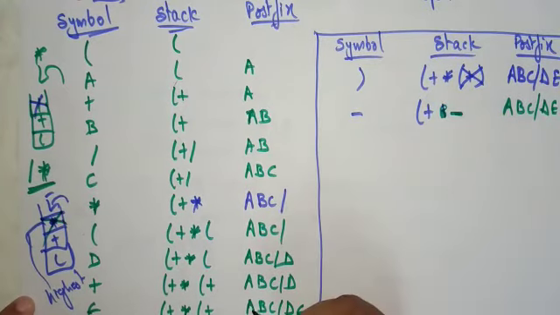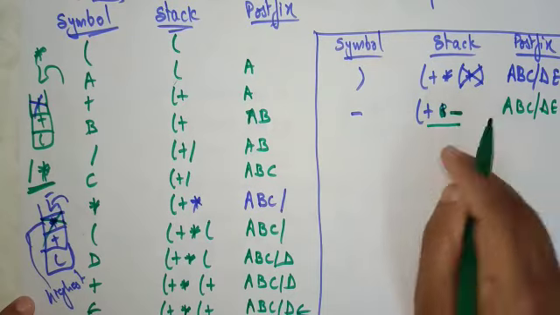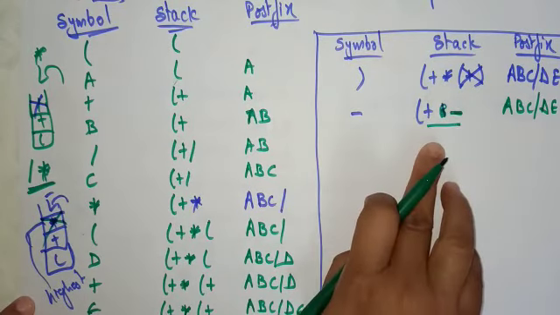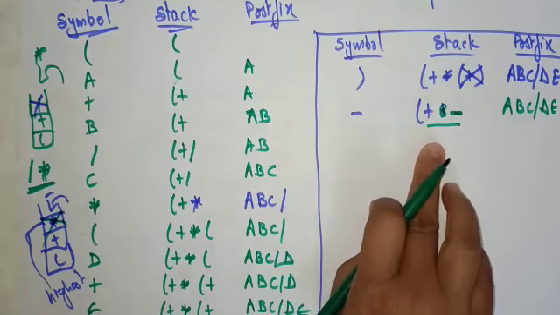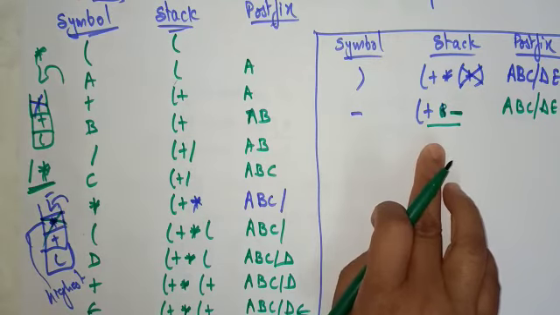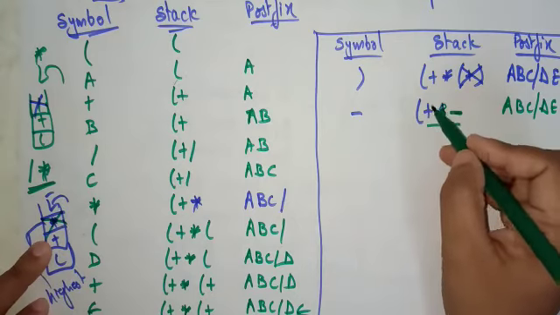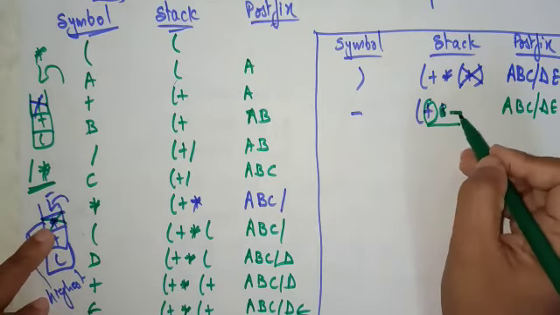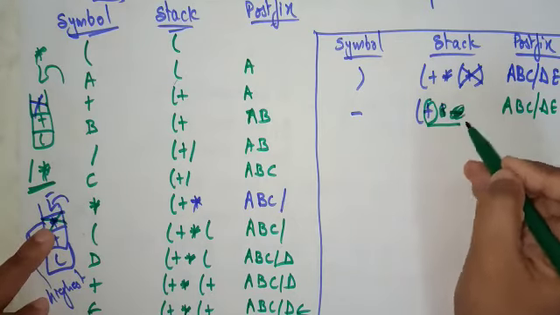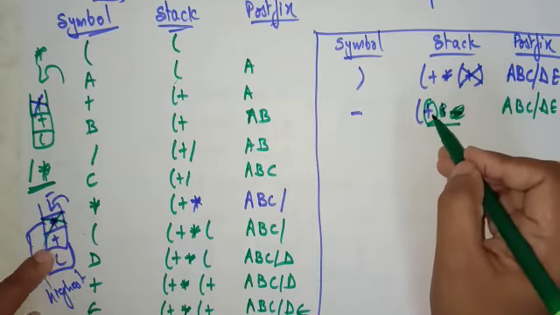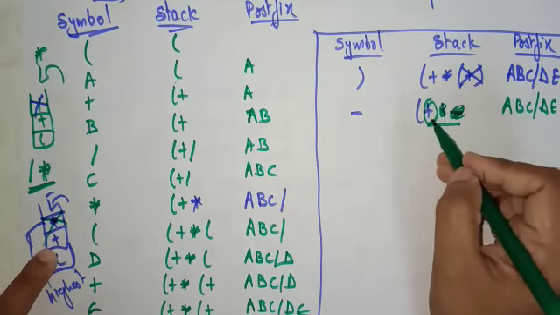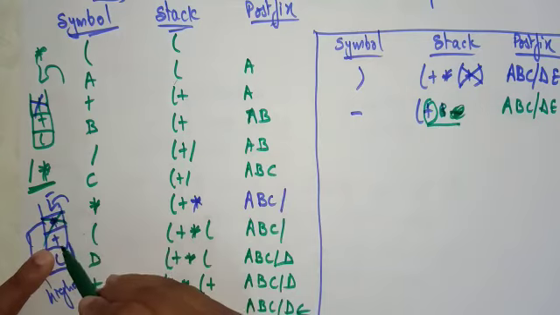Here is another problem. Plus and minus have the same priority. This is also another rule: the same priority symbols cannot stay together in the stack. Before placing minus, I need to check the next symbol also. If I pop star, the next top of the stack is plus.